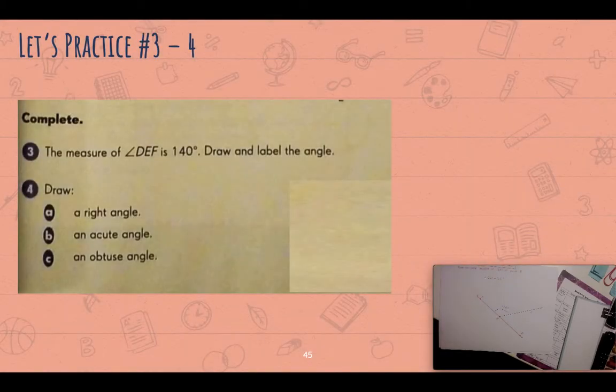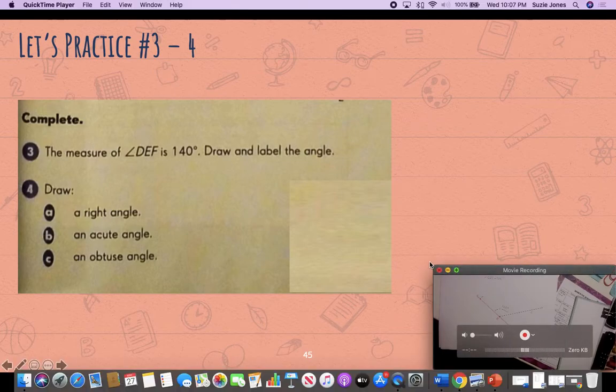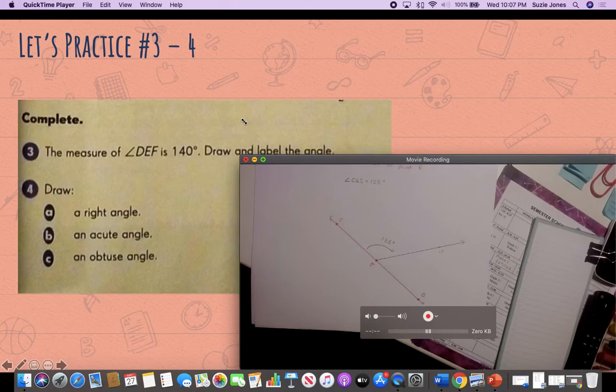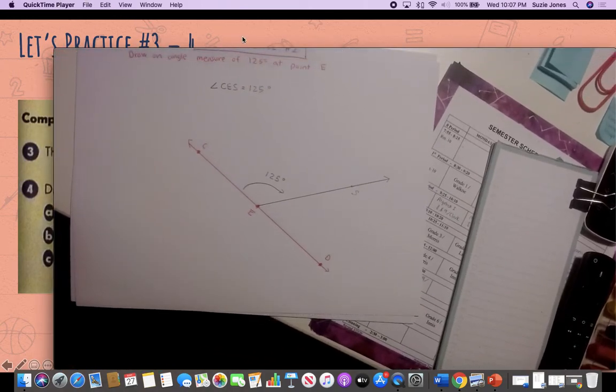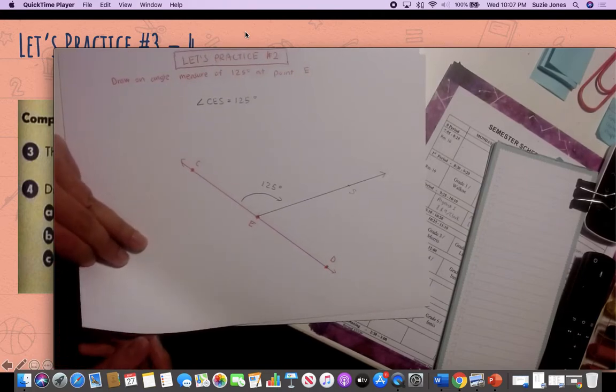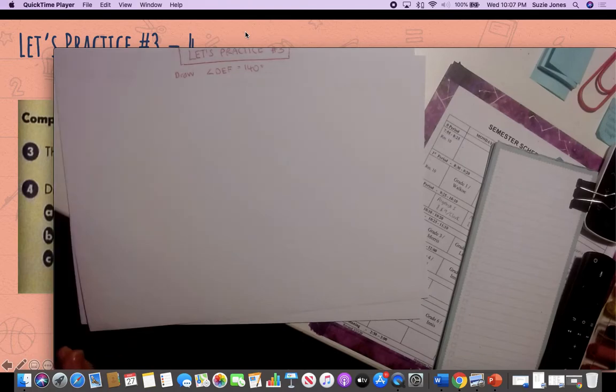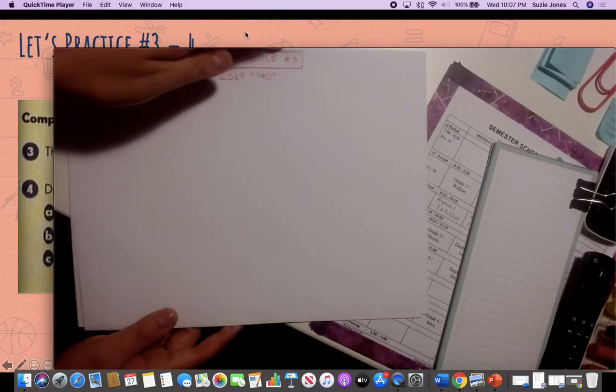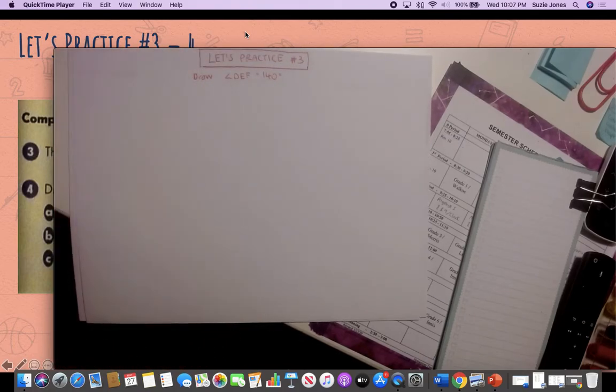All right, you must be ready. Let's give this a try. So let's see, I'm going to make my video screen a tad bit bigger, like so. Guided practice number 3 says to draw an angle DEF at 140 degrees.